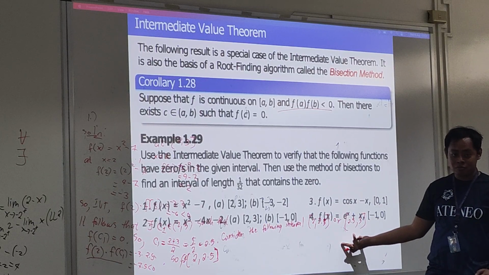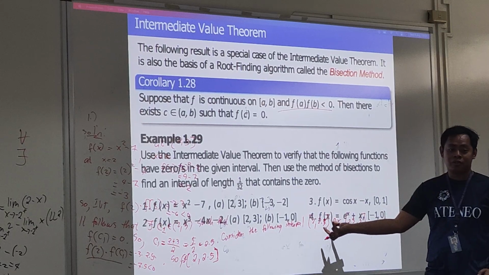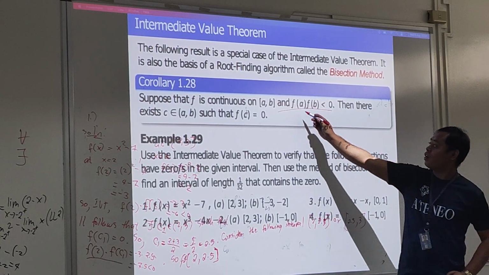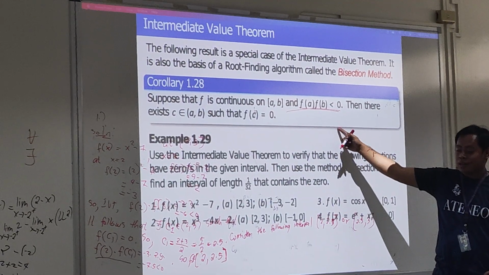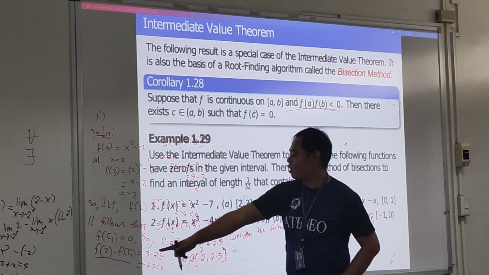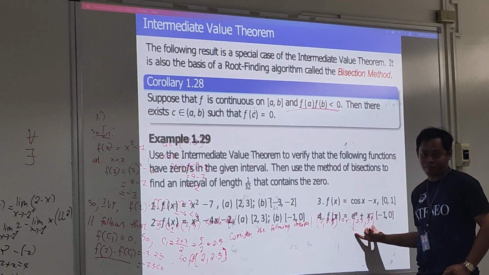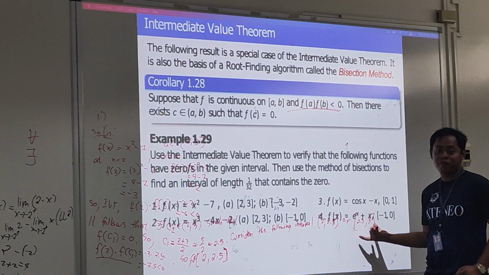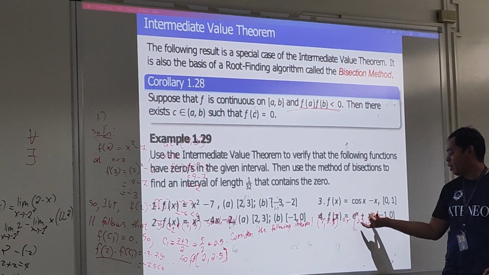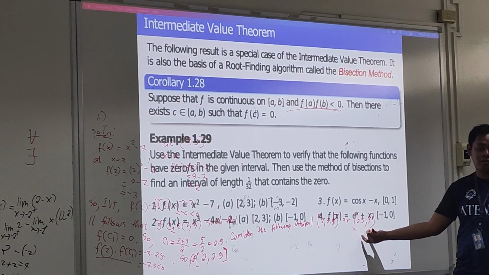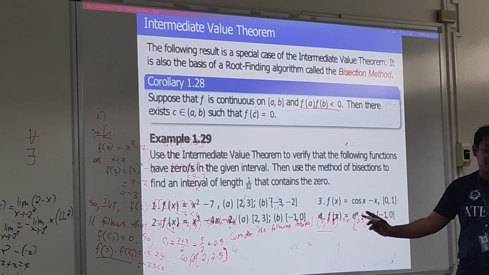So we need to verify whether the interval contains a zero. The product of this one should be negative. Based on this, the product of these two is negative. For the other one, it is positive, so you cannot find zeros in a number in between this interval. So consider the first one, for sure there are zeros.